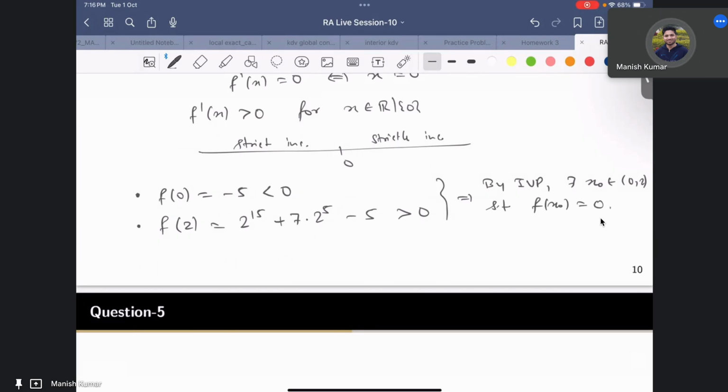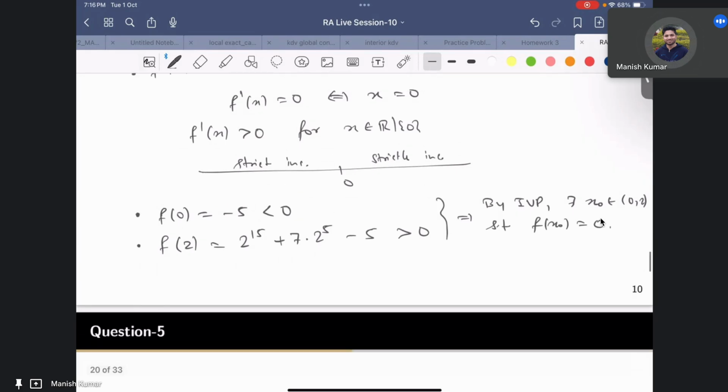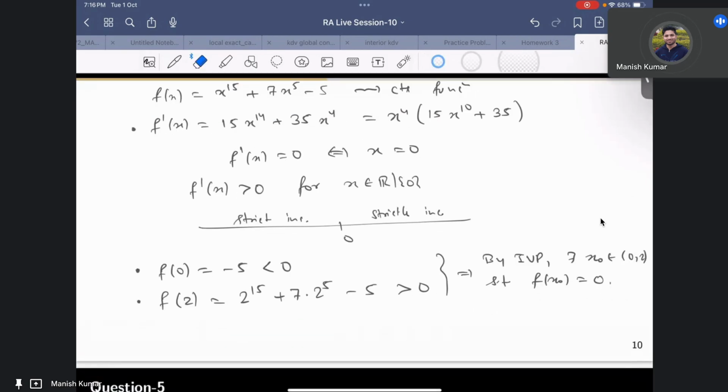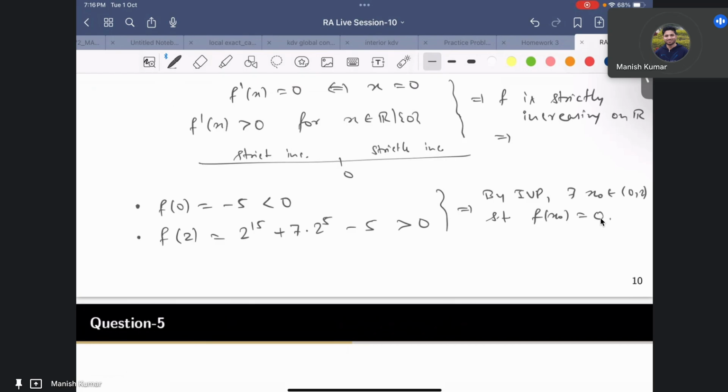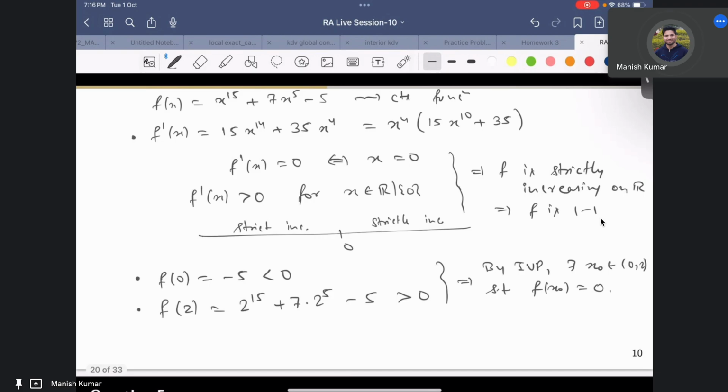So this tells you that there exists one real root, but due to the fact that it is strictly increasing, this implies f is strictly increasing on R, and f is one-one. So maybe you can use this reasoning afterwards.